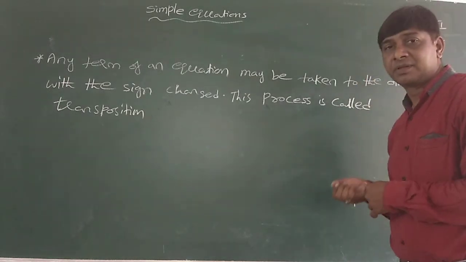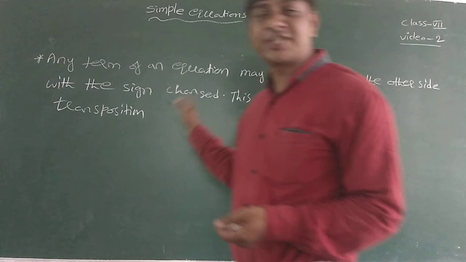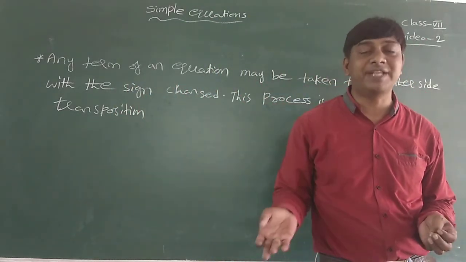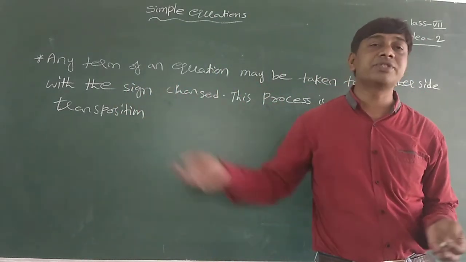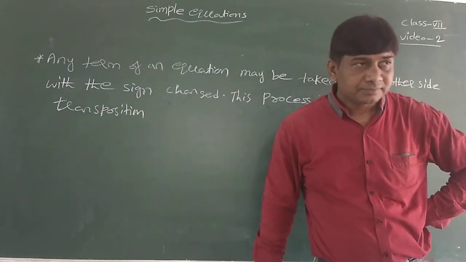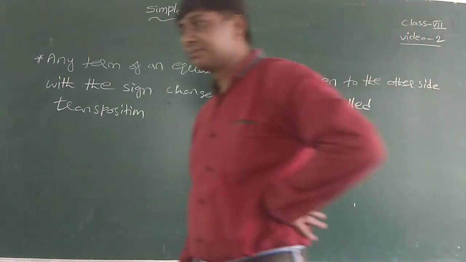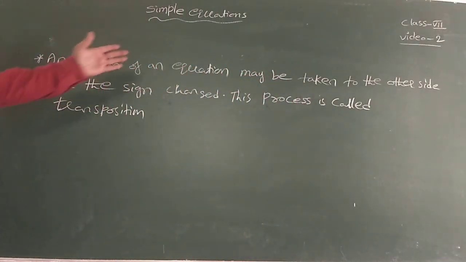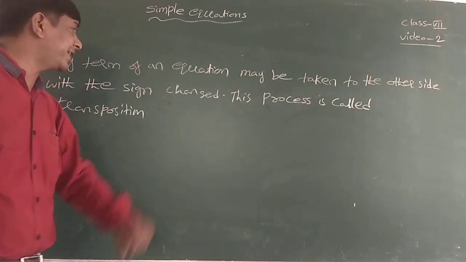Transposition. This transposition is mainly used to solve problems. To find the solution of the simple equation, we use this transposition. Okay. Understood? Any term of an equation may be taken to the other side with the sign change.